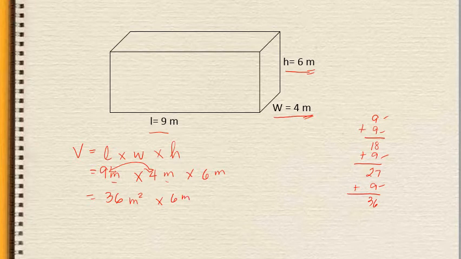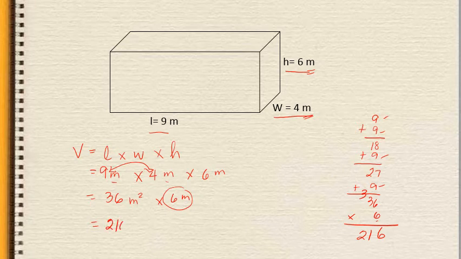O, i-multiply mo na ngayon yung 36 sa 6. So, times 6. Itong 6 na ito ay galing dito. Okay, so multiply natin. 6 times 6, 36. Carry 3. 6 times 3, 18. Plus 3, 18, 19, 20, 21. So, we have 216. So, 216, unit of measurement is meters.